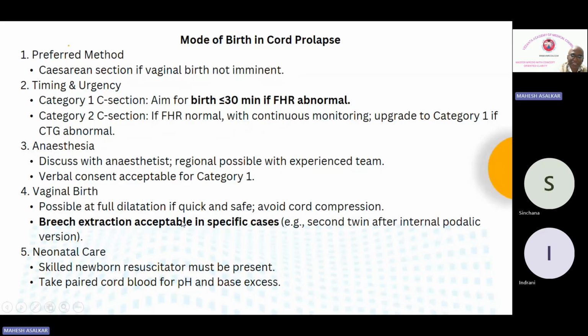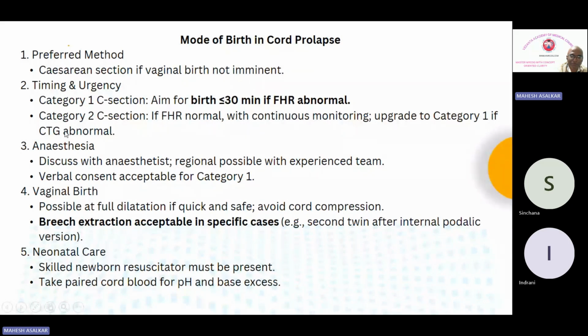Then breech extraction is acceptable in specific cases, like there is a second twin after IPV, after internal podalic version, the second twin is with cord prolapse, then go for breech extraction. The neonatal care: skilled newborn resuscitator must be present and always take paired cord blood for pH and base excess.